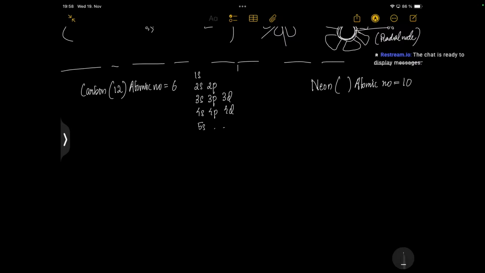Then we draw arrows crossing these. It doesn't make sense right now, but it will. We move from 1s to 2s, 2p, 3s, 3p, 4s, 3d, then 4p, 5s, straight to 4d.